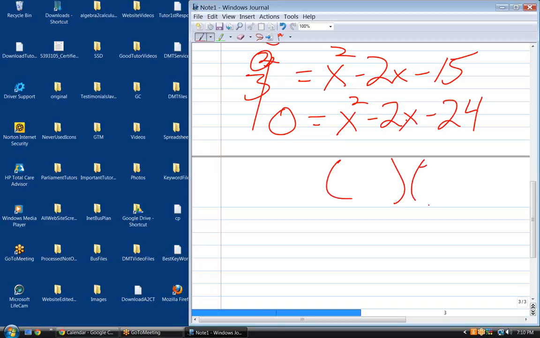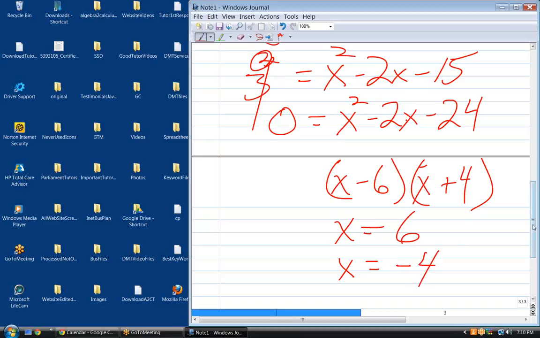Okay, what's it factor into? Negative 6 and 4. Okay, so my two solutions are what? X equals 6 and x equals negative 4, but we can't keep negative 4.